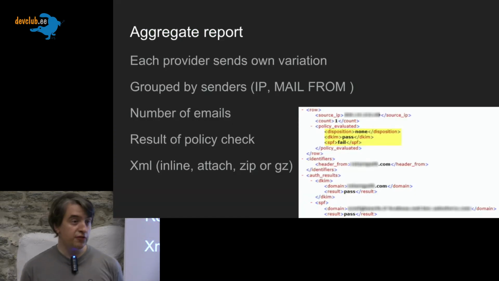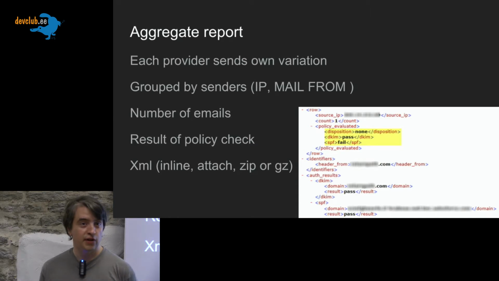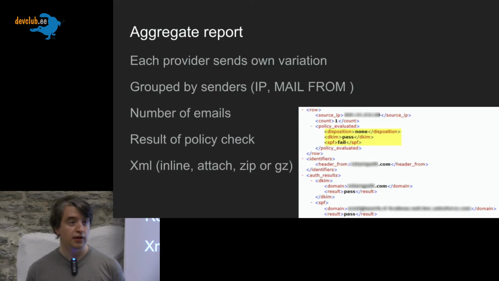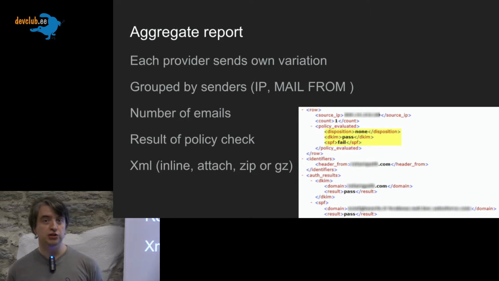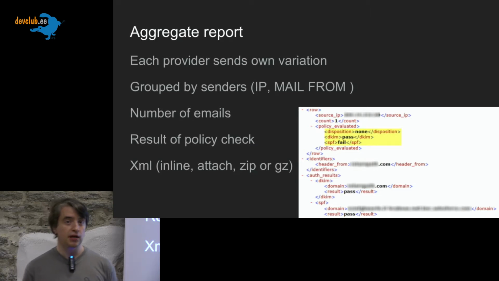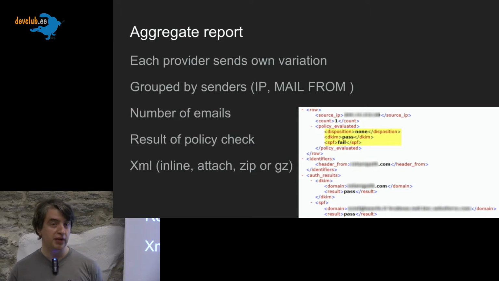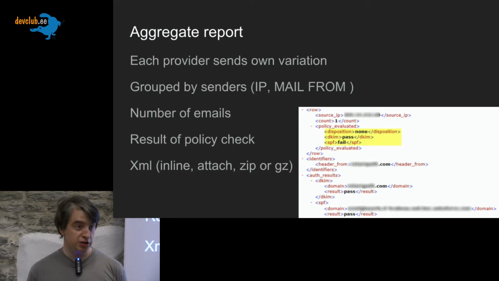There are two kinds of reports that you can order. The first one is usually sent daily, and it has basically aggregate information. You will get each domain, each IP, and a result of matching SPF and DKIM for this domain, and the count of messages that failed or passed. It's good.